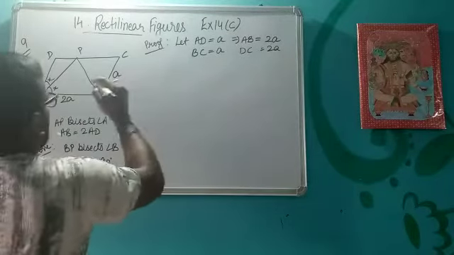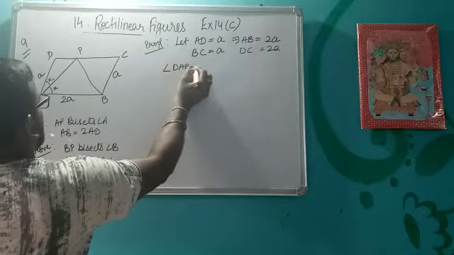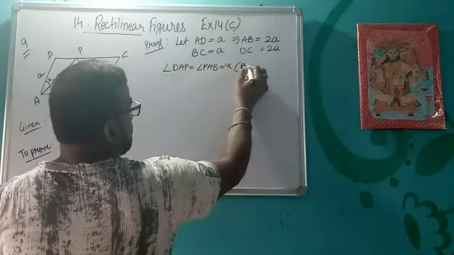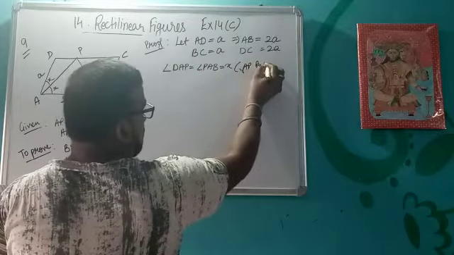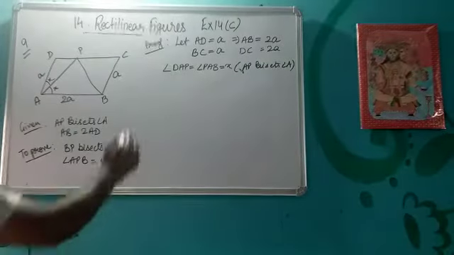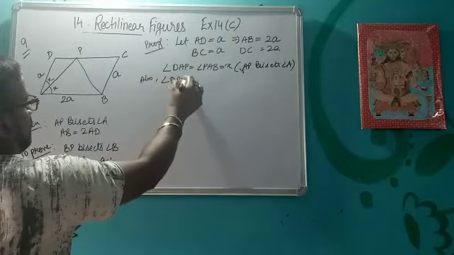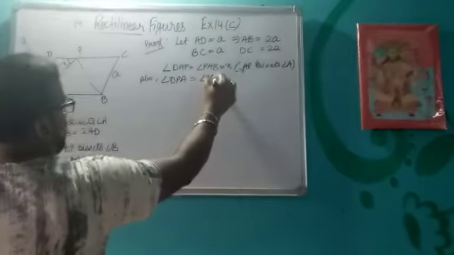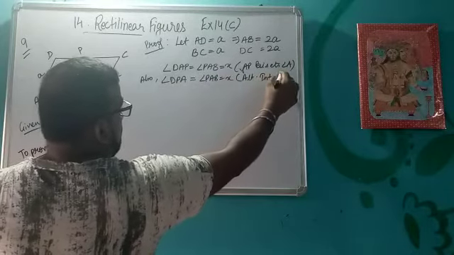Now, if you see carefully, angle BAP is equal to angle PAB equal to X. Why? Because AP bisects angle A, and also angle DPA, this angle is equal to angle PAB equal to X. Alternate interior angle.